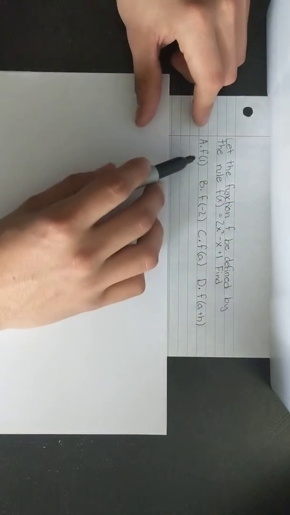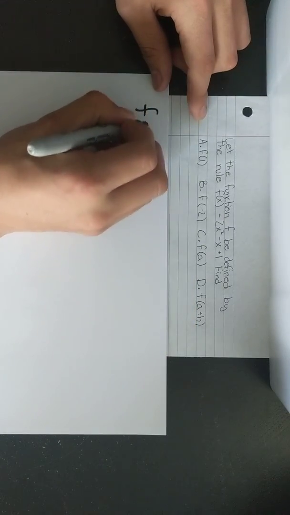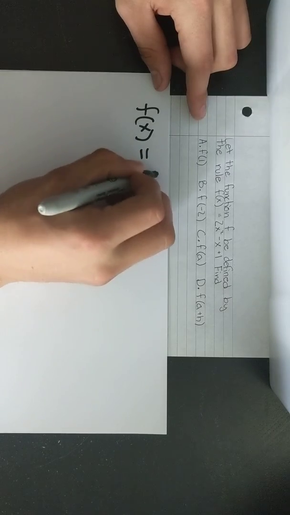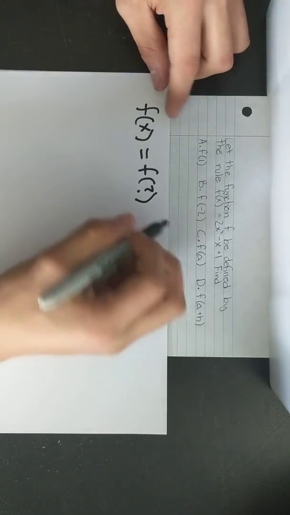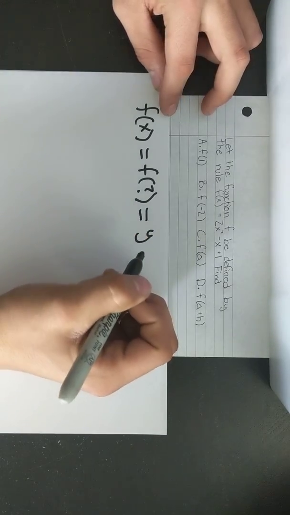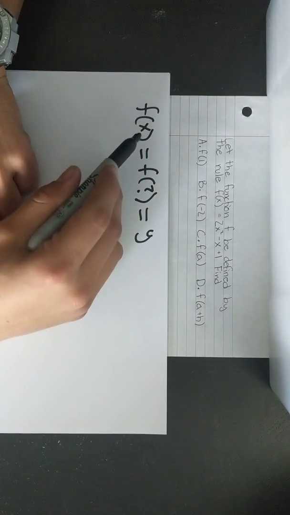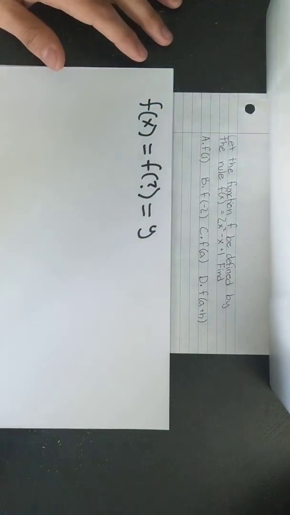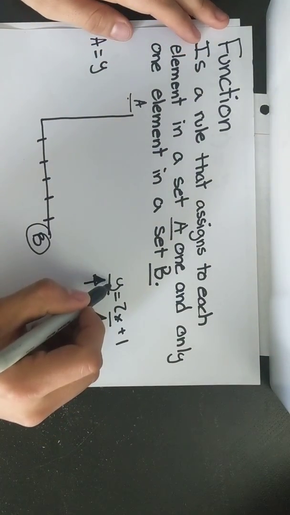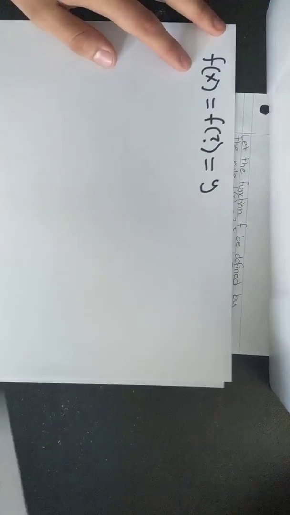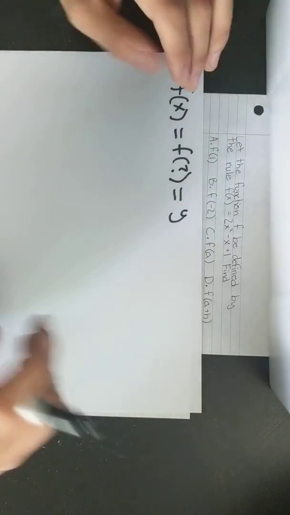So for a, let's define what f of x is first. f of some value gives you your y. So f of x is basically the answer to your x value. If we go back to this paper, y is basically f of x. So f of x is a function of x, if that makes sense.